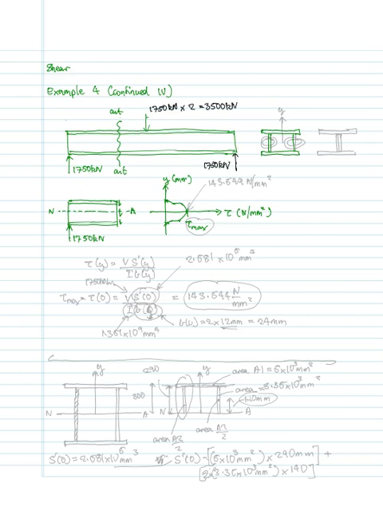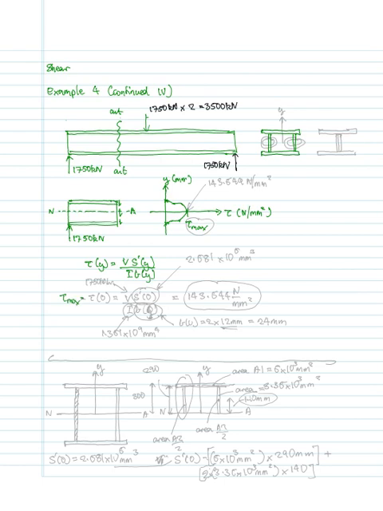Now, if you recall the cross-sectional shape of the section, let's just draw the cross-sectional shape up there. So we've got two relatively thin web members compared to the thicker plate at the top.